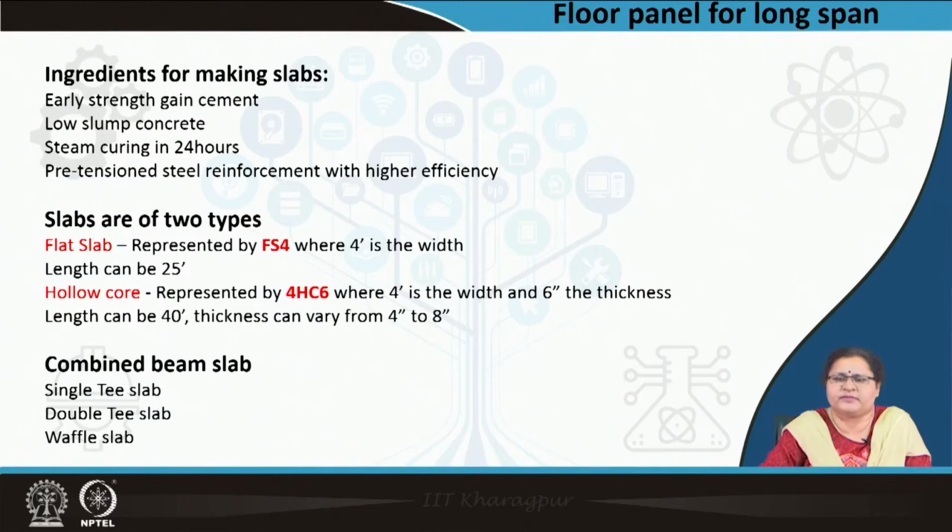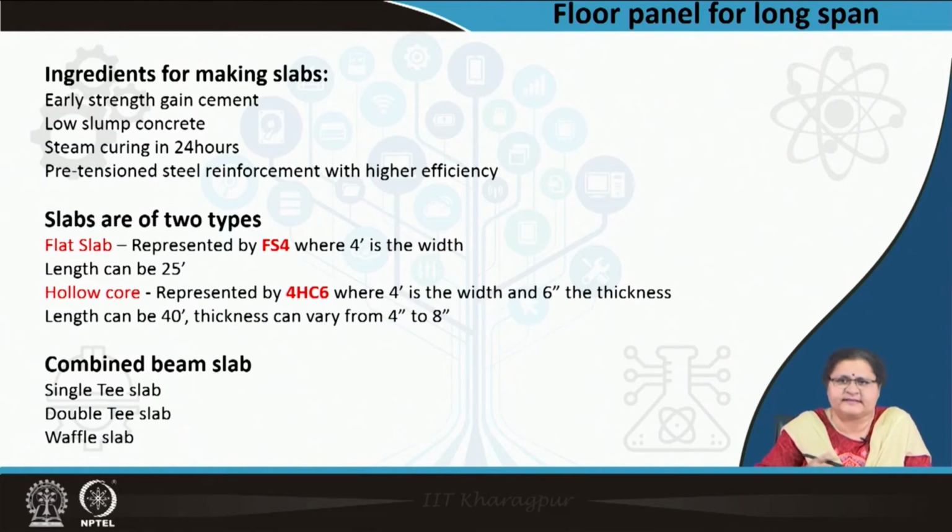Low slump concrete means it is stiff concrete, with less water in it. Steam curing for 24 hours, these are all factory made. Pretensioned steel wires can be used for higher efficiency and larger spans. Pretensioned means the wires or the reinforcement are put under tension before the casting is done. So they can take a higher amount of load, tensile strength.